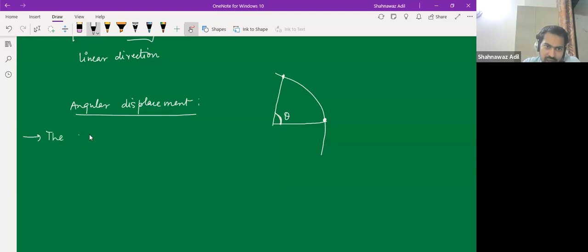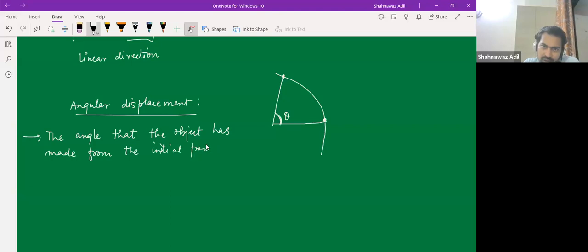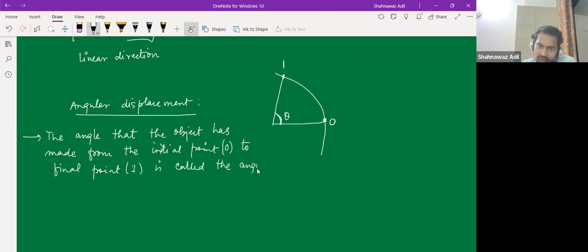The angle that the object has made from the initial point, let's say this is 0, to the final point, let's say this is 1, is called the angular displacement, right?